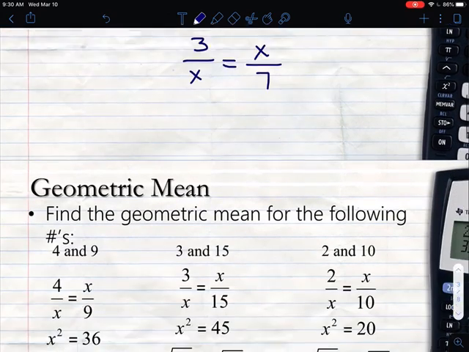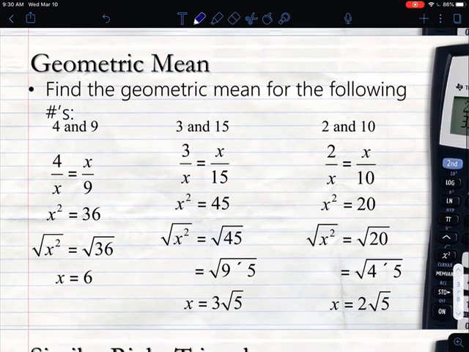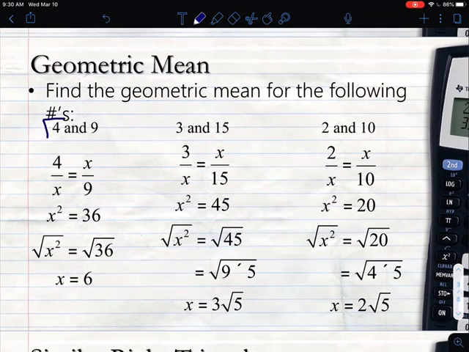So as we're looking at an example here for geometric mean, if we look at this first example right here where we're looking at 4 and 9, notice right away they set up the fraction. So I've got the x's along the diagonal and then the numbers along the diagonal. And so that's going to be the setup every time. Now, when I have a proportion, we use those diagonals to multiply and solve.